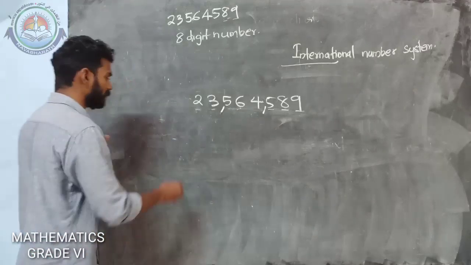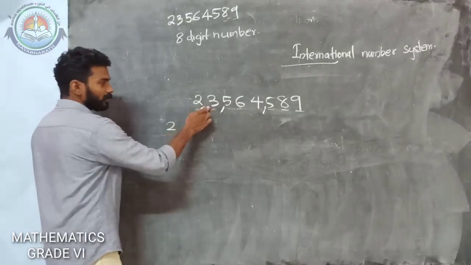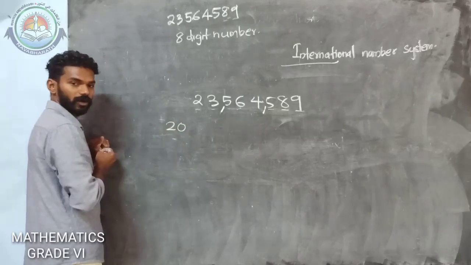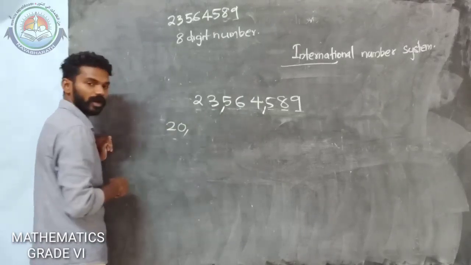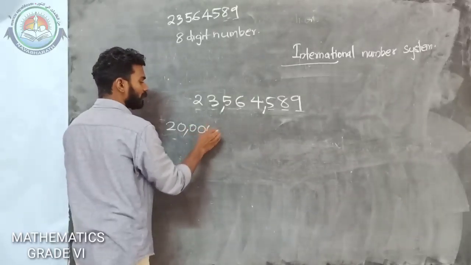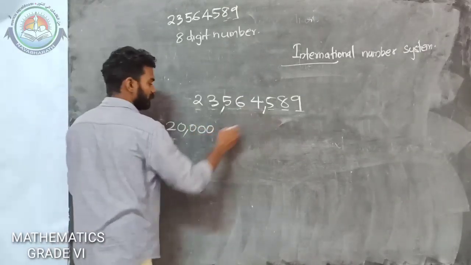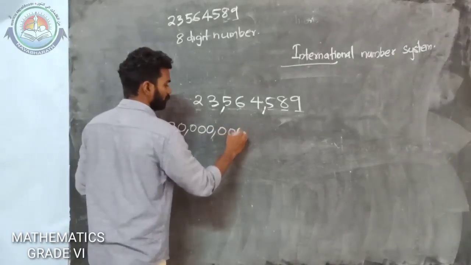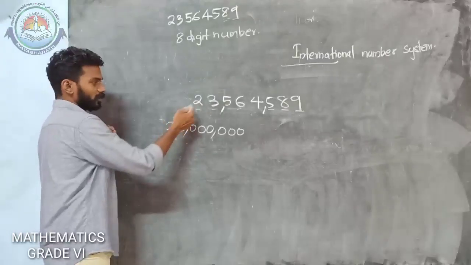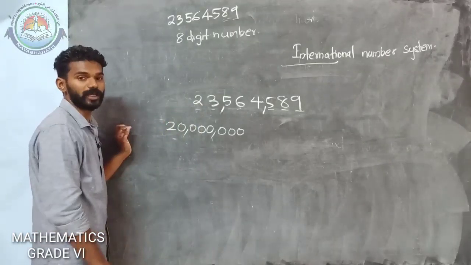And how can you write it? First of all, you should write 2. Then there is a digit 3. It is replaced as 0. Thereafter a comma. All the remaining digits must be 0, and commas would be put at appropriate places. It would be like this. 2, it is not 2, this is 20 million.